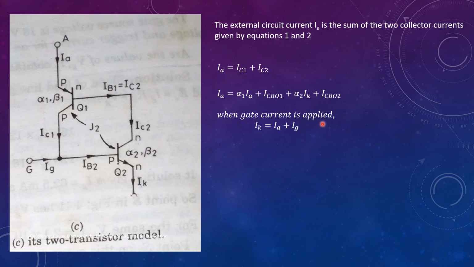When gate current is applied, the cathode current is the sum of anode current plus gate current. If we substitute the value of cathode current IA plus IG in the above equation, we will get IA is equal to alpha 1 IA plus ICBO1 plus alpha 2 into, I have replaced over here IK equal to IA plus IG, so alpha 2 into IA plus IG plus ICBO2.